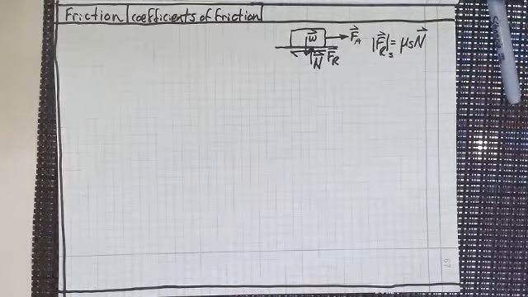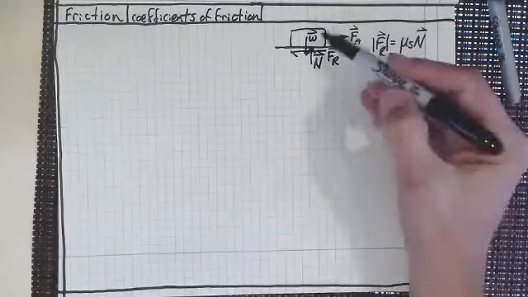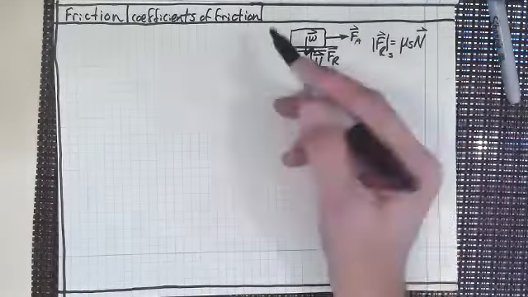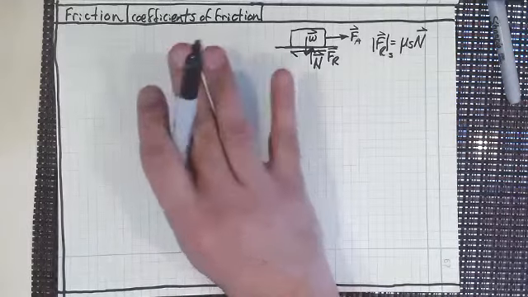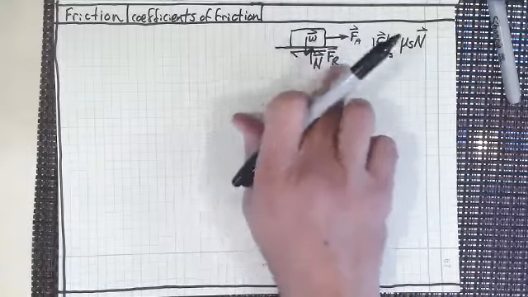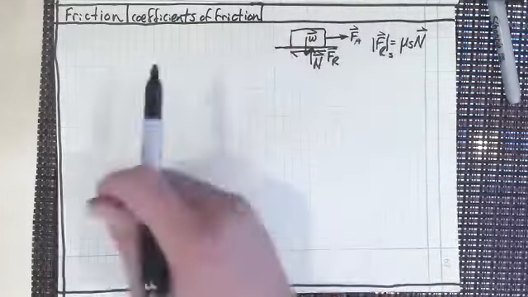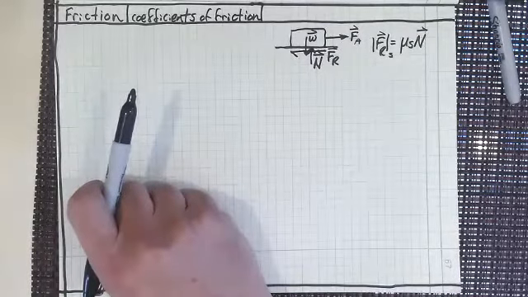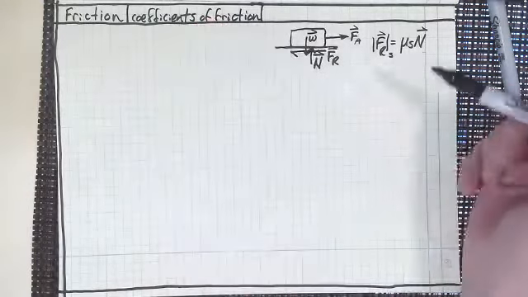So it's mu sub s times the normal force. And you're saying, well, the normal force equals the weight force. And that's not always true. That is not always true. That's only true when it's drawn horizontal and the thing is sitting on a perfectly flat plate here, isn't it? What if instead it wasn't? Oh, wait, I'm getting ahead of myself.